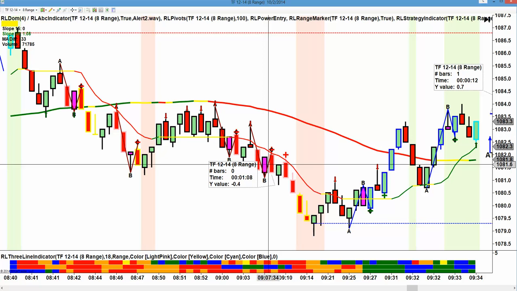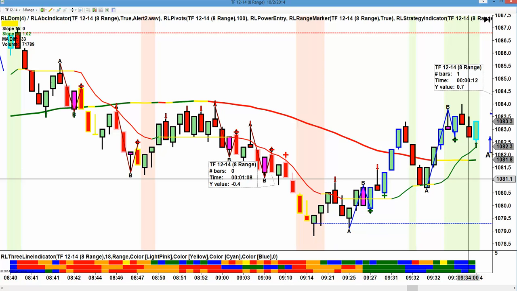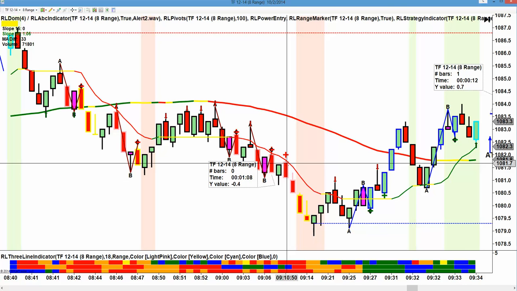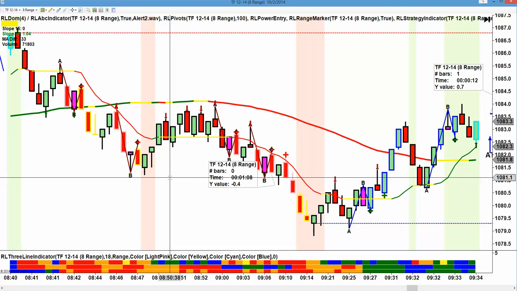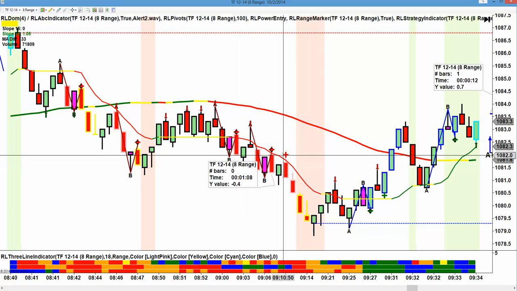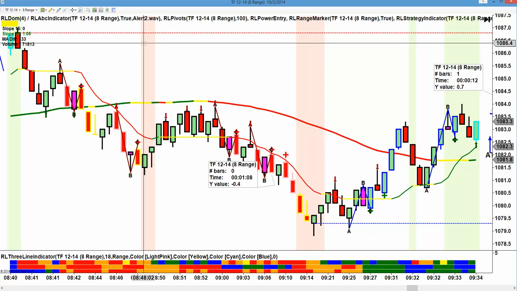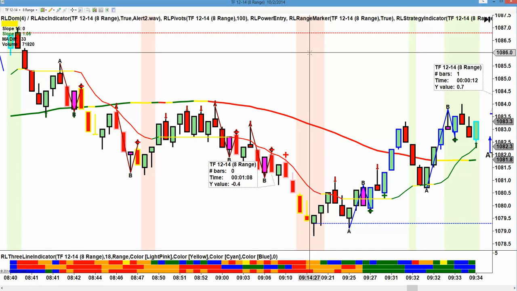So we can look at price action and not have to have our crosshair on multiple time frames looking at indicator analysis. And remember, this platform does fractal analysis. The 3 line looks at 2 time frames. The momentum entry looks at 3 time frames. And the background bias looks at an additional 2 time frames.